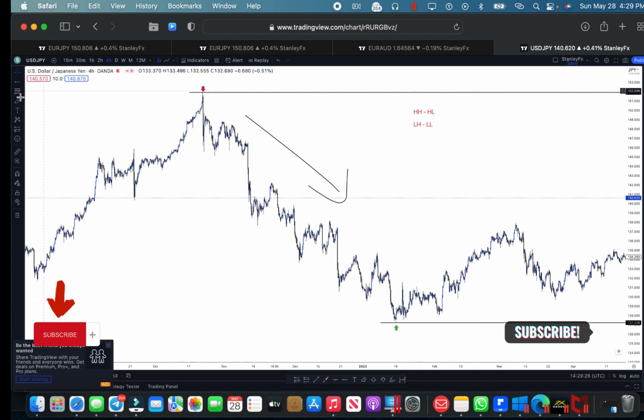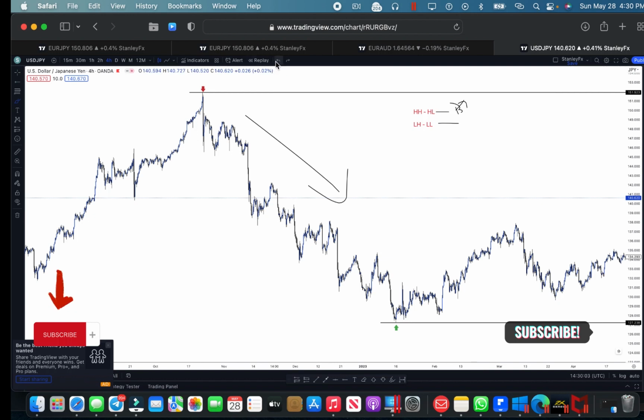Higher highs and higher lows is a pure bullish market structure, and lower lows and lower highs is a pure downtrend. Understanding this will help you understand what to do at a specific point in the downtrend, where you have to sell, where sellers are likely to jump in, and so on.